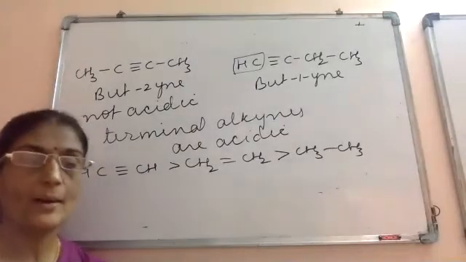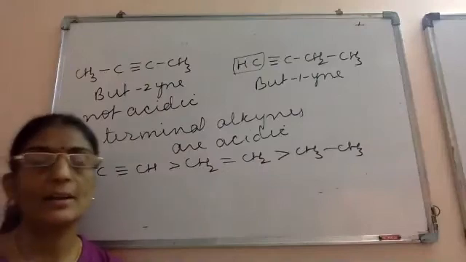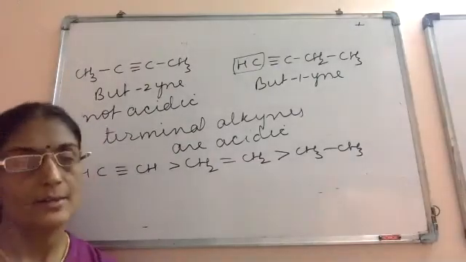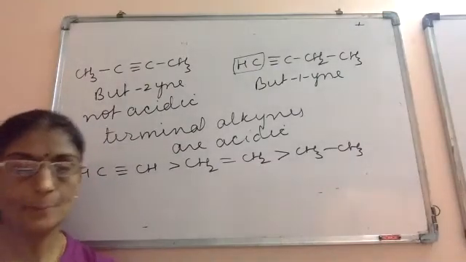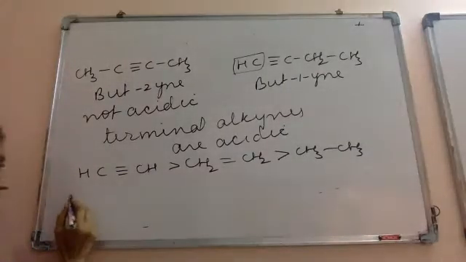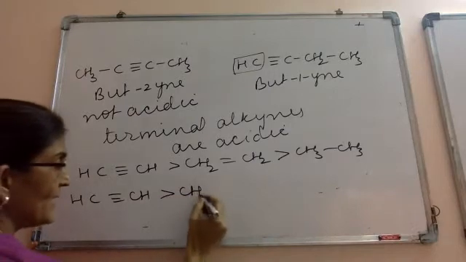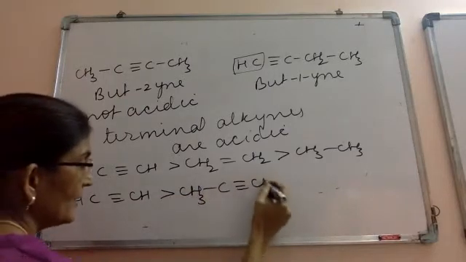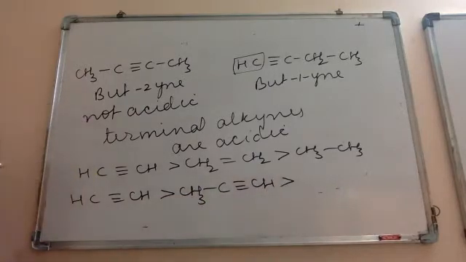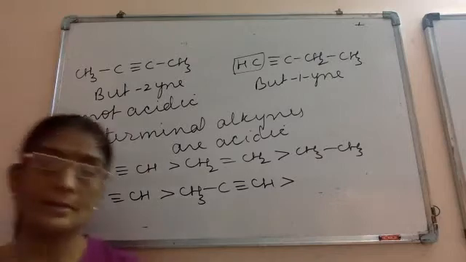More s character, more electronegativity, more polar bond, acidic. ठीक, फिर सारे अल्काइंस होंगे जैसे ये है, ये ज्यादा एसिडिक होता है प्रोपाइन से, ये ज्यादा एसिडिक होगा ब्यूटाइन से। Lowest number of carbon atoms present, that will be more acidic.